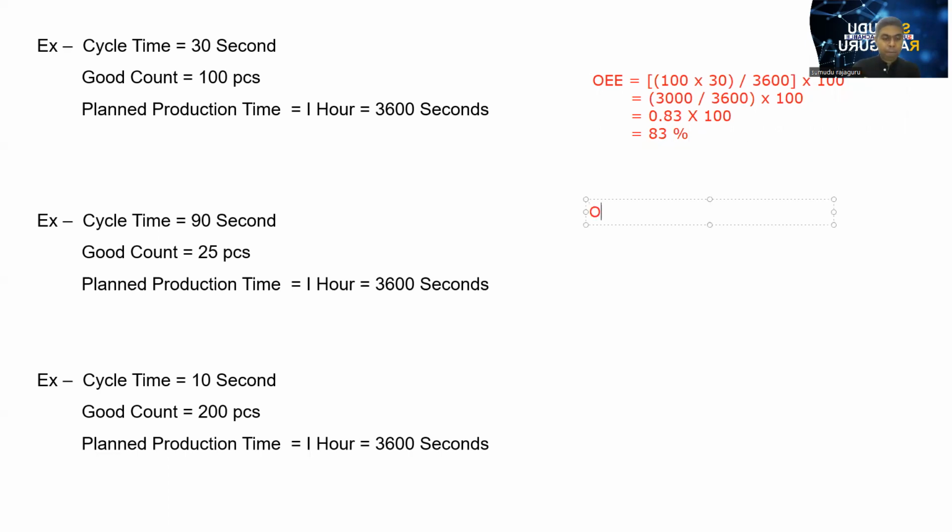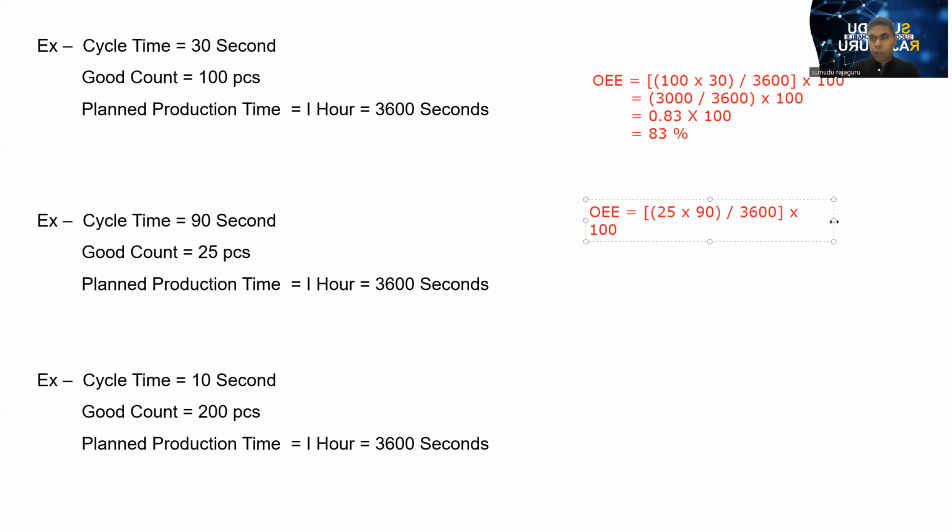OEE equals number of good parts, how much? 25 pieces. What is the cycle time? 90 seconds. So we divide by planned production time, 3,600, and multiply by 100.